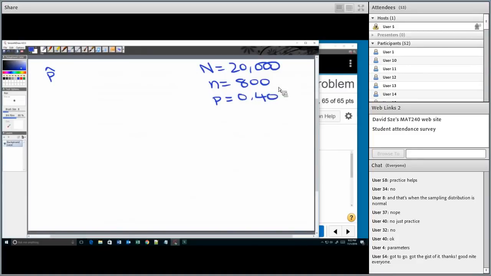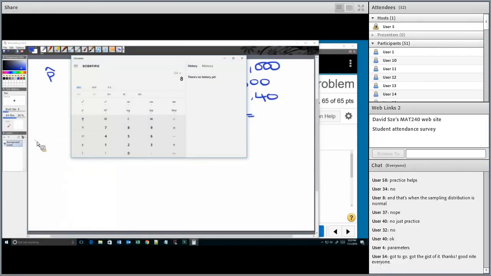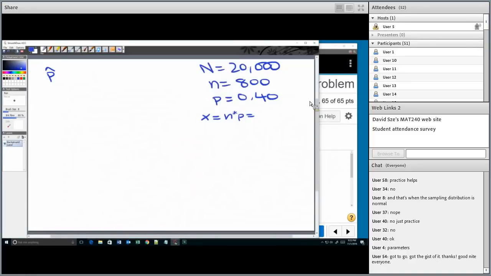So in other words, x equals 40% of 800, so n times p. 0.4 times 800, I get 320.